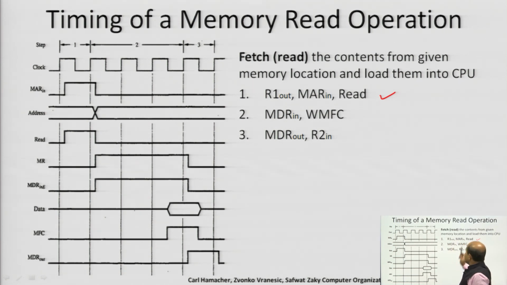Once the address is available with MAR, the signal is high, and corresponding to that the address will be transferred. And in the first step, the read signal will also be high, in parallel to MAR, the read signal will be issued.